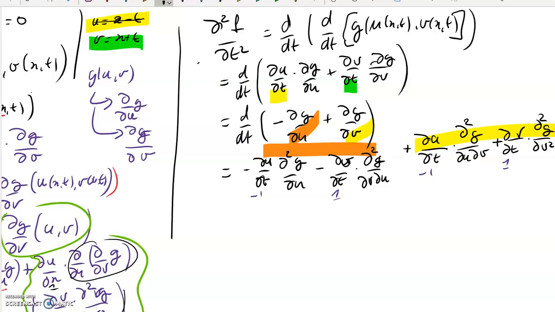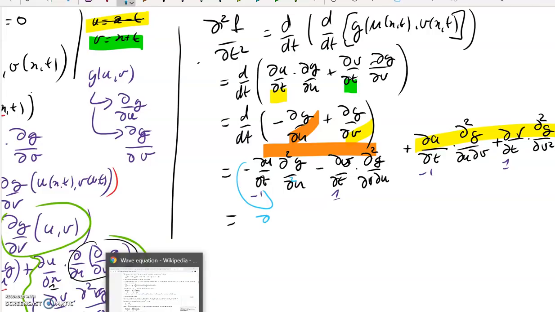So finally, what we obtain from that is that d2f over dt square is going to be, so let's see, plus d2g over du square, sorry, I had forgotten the square here. Okay, that's this one.